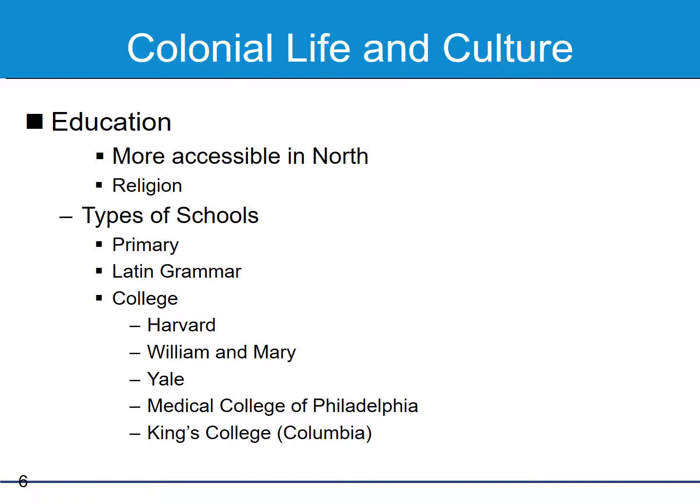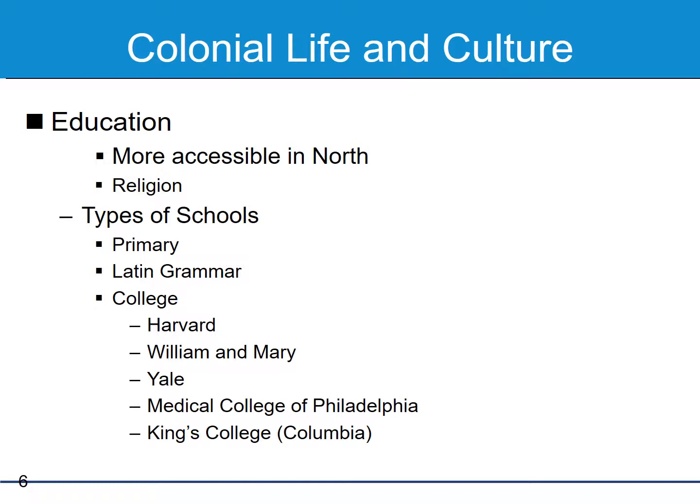And of course later both Harvard and William and Mary will spread out and evolve, where they're not just teaching religion, they'll be teaching literature and the law and eventually science when that becomes a little more popular. The third college that was established in the English colonies in North America was Yale.